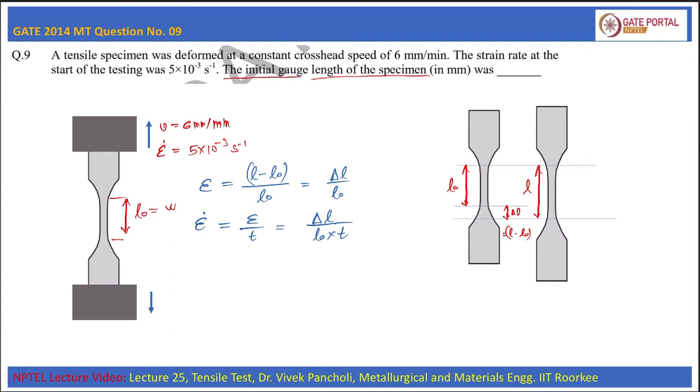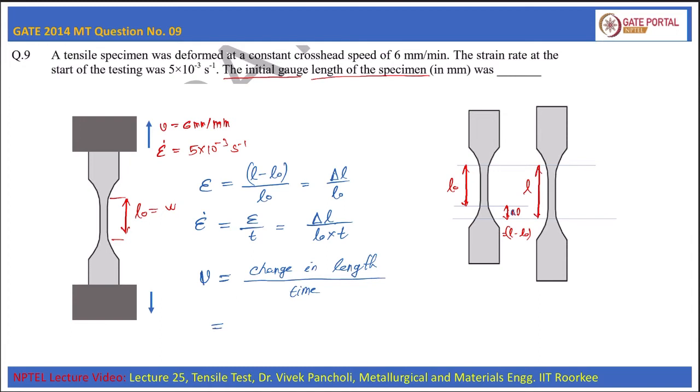Now the crosshead speed can be written as change in length divided by time.